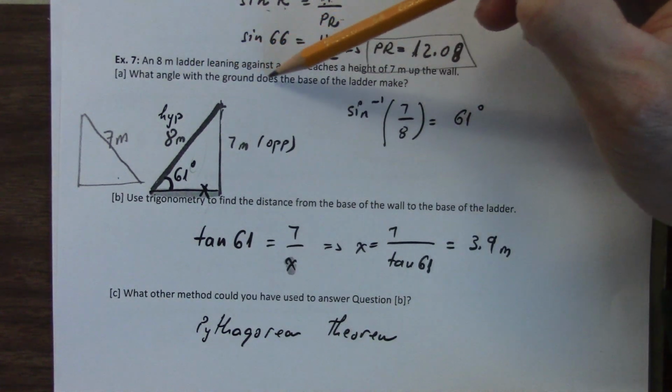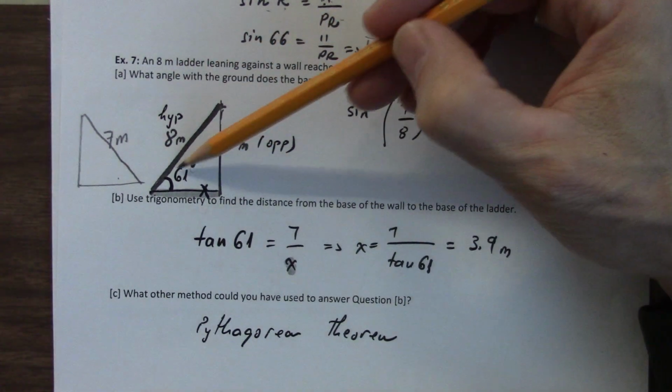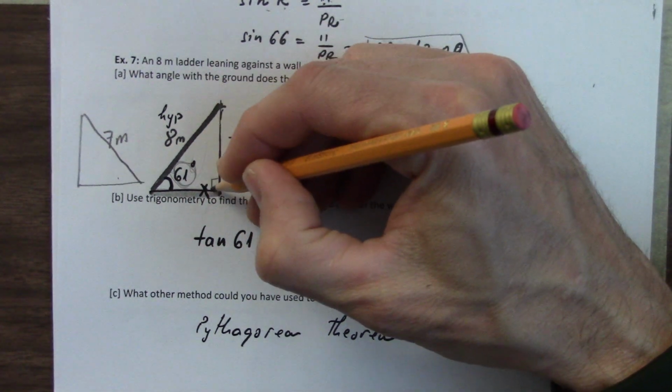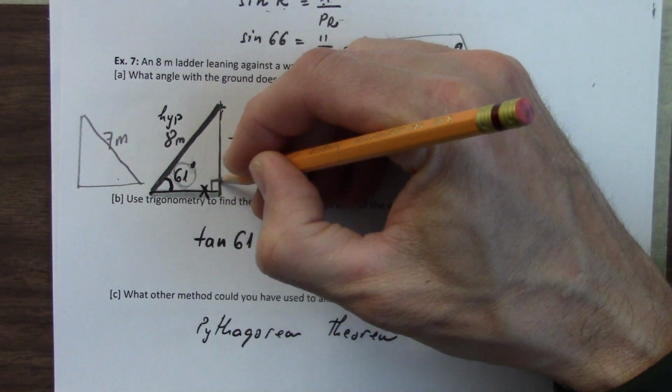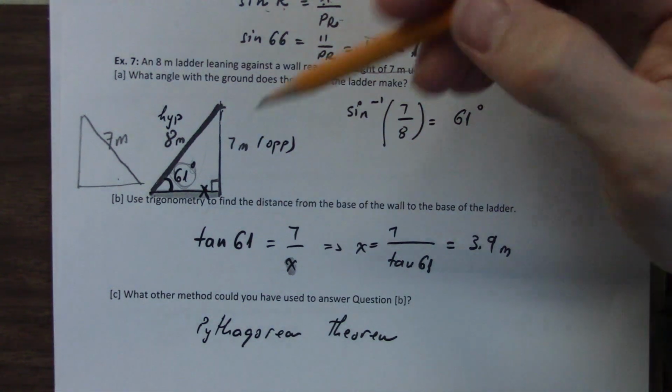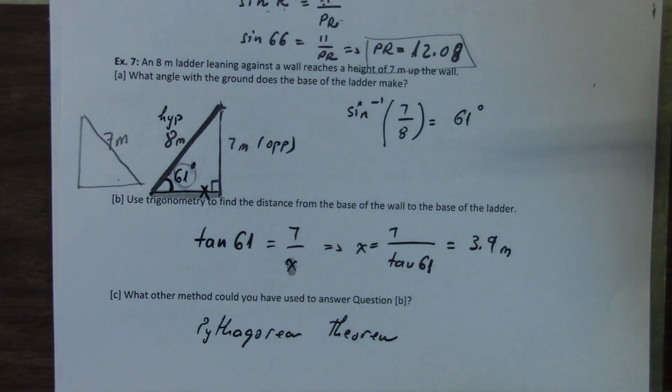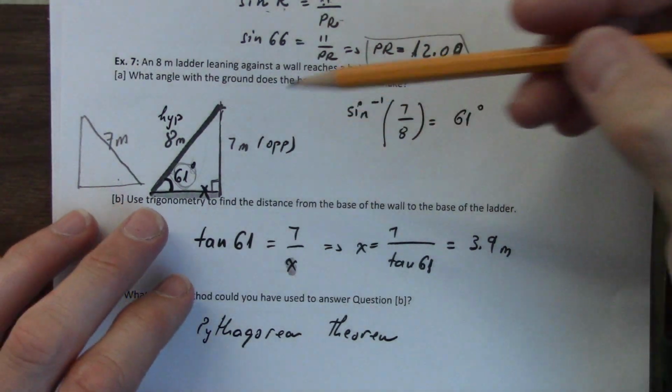What angle with the ground does the base of the ladder make? So it wants to know this angle here. Well, we know it's a wall, so we know that's 90 degrees, right? That's the known. We need to find one more angle. We want this angle, and we're going to use the sides that we know.